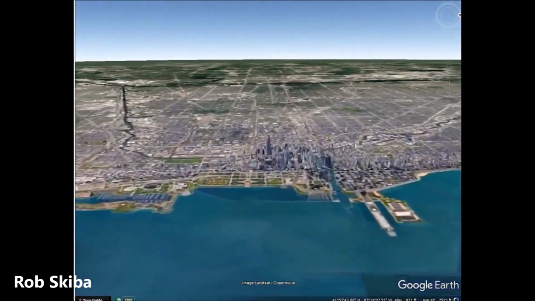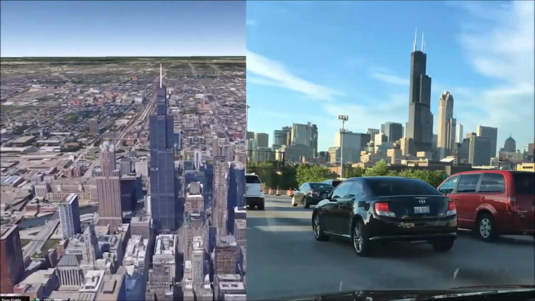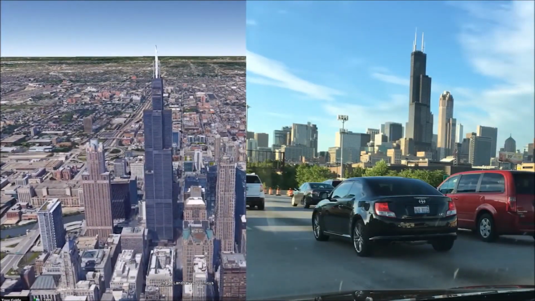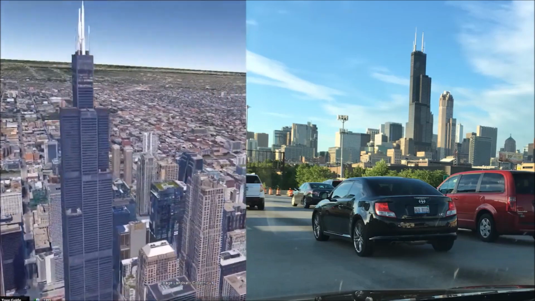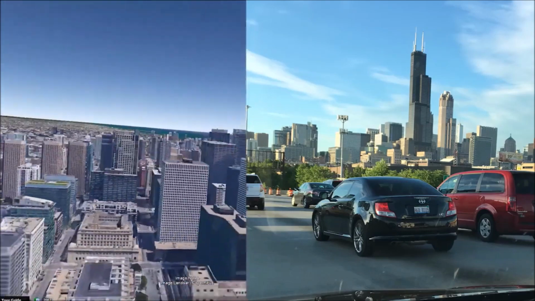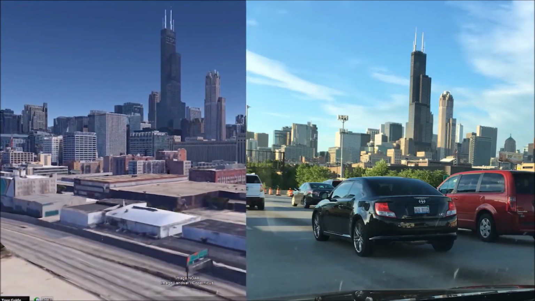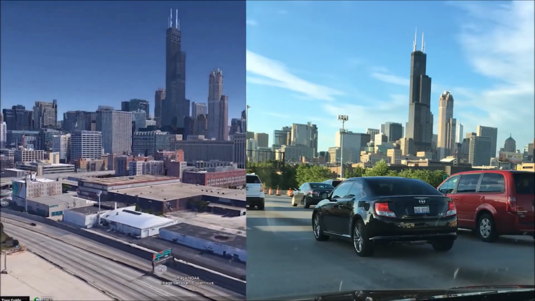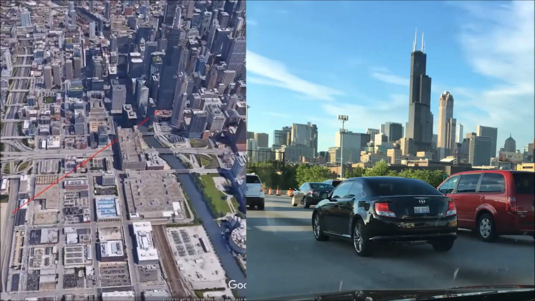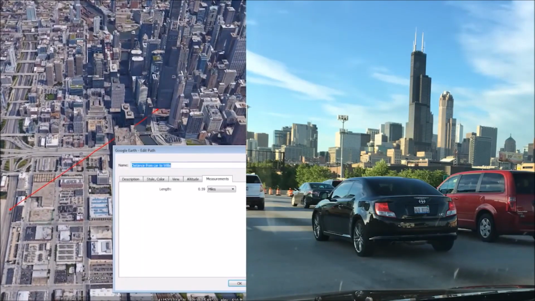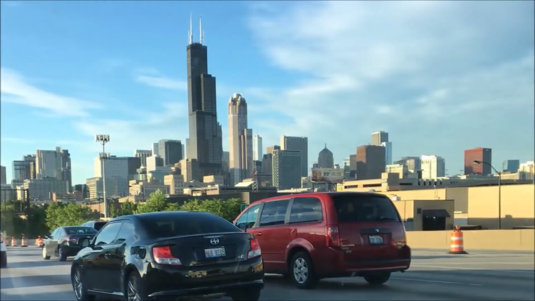I snapped this picture of the Willis Tower. And if you go on Google Earth, this is right about the area where I believe I was when I took that picture. Looking across, it's only about 0.6 of a mile. So I'm just a little over a half mile away, and look at the size of the tower as compared to the car that was diagonally in front of me.